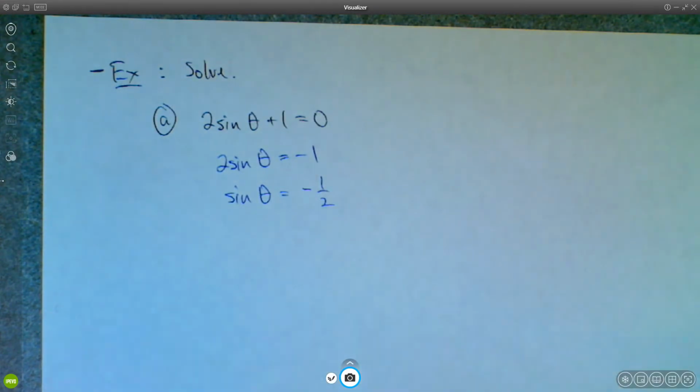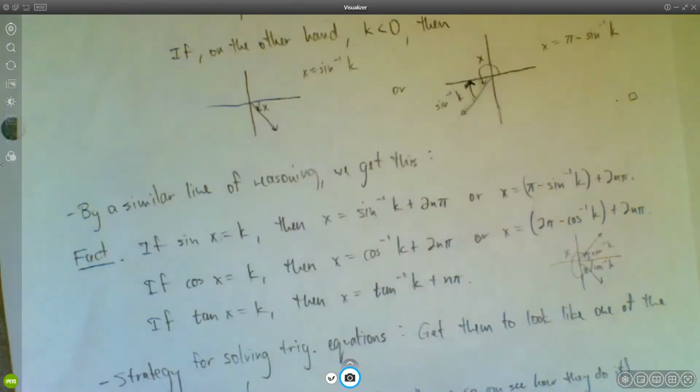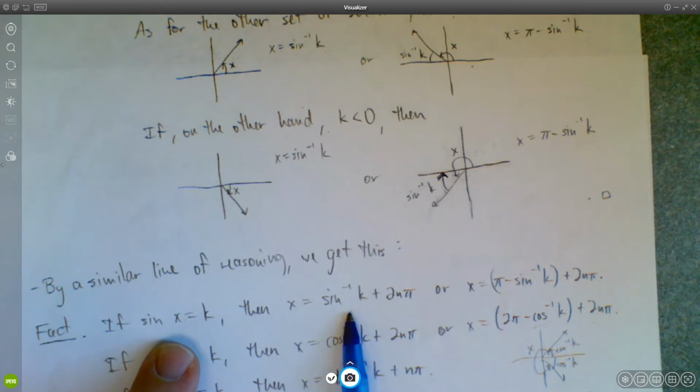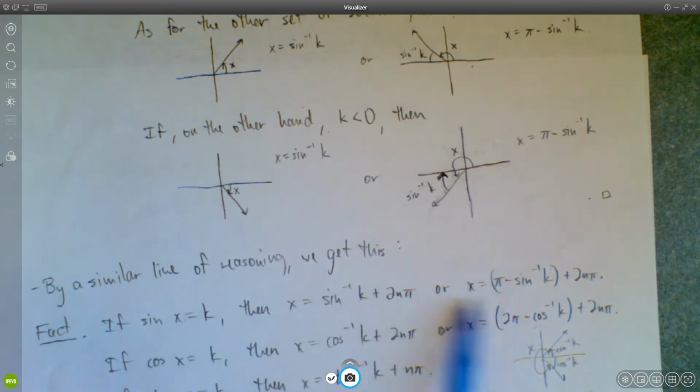Since we've got it in that format, now we can apply this rule. We've got sine x equals k. If that's true, then either x equals sine inverse of k plus 2n pi, or x equals pi minus sine inverse of k plus 2n pi.